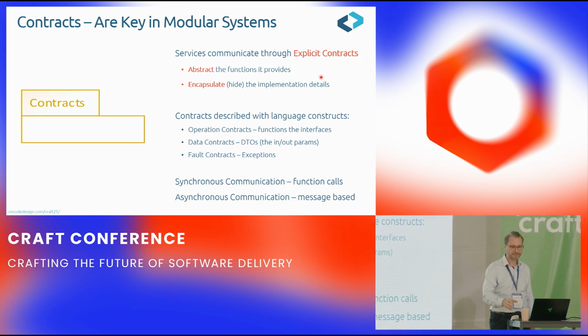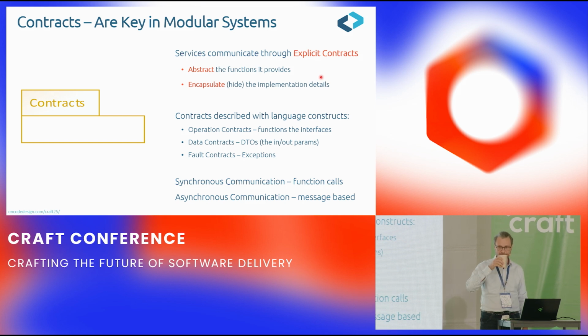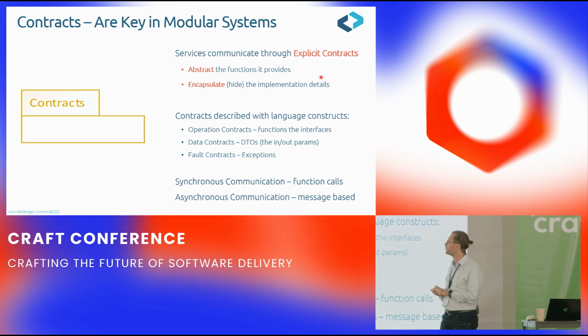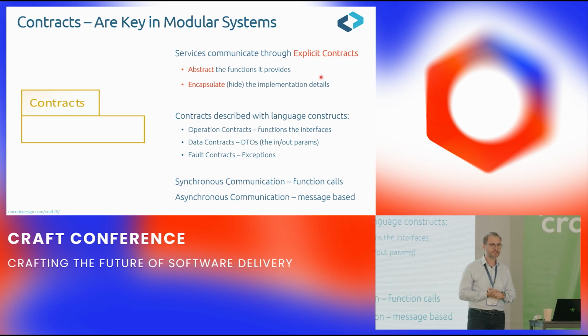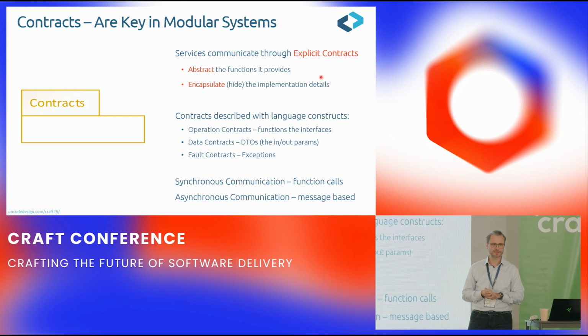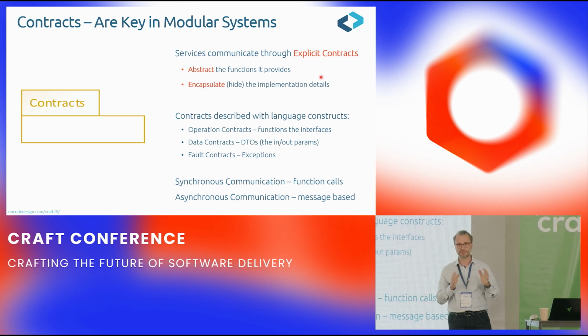Contracts are key in a modular system design. So I want to have explicit contracts. Explicit contracts, in my world, means those contracts that have good abstractions and good encapsulations.